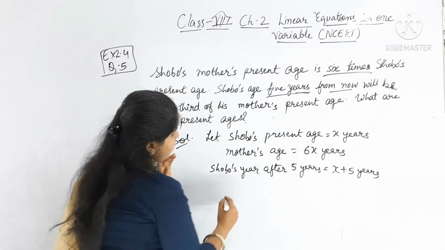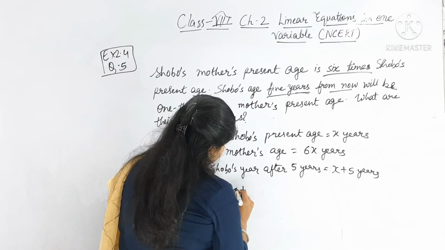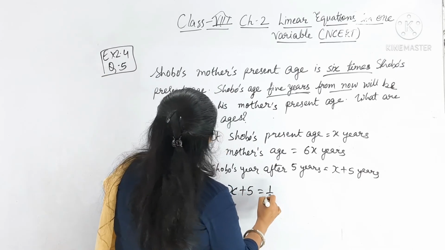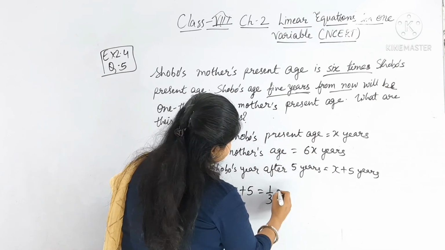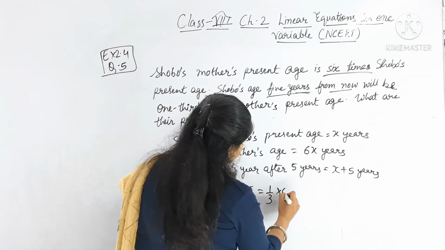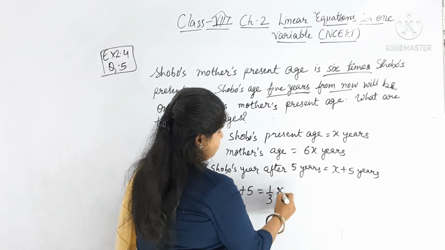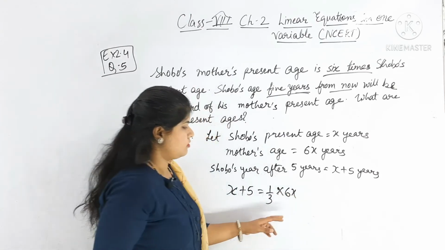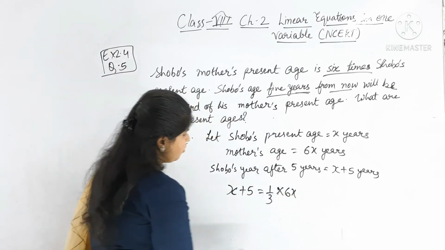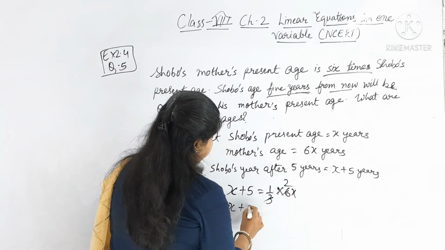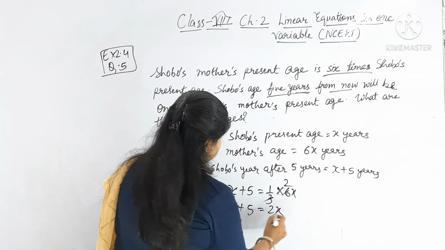So what will be the equation? The equation is x plus 5 is equal to 1/3 of mother's present age, 1/3 of 6x. Okay, so 3 twos are 6x, x plus 5 is equal to 2x.